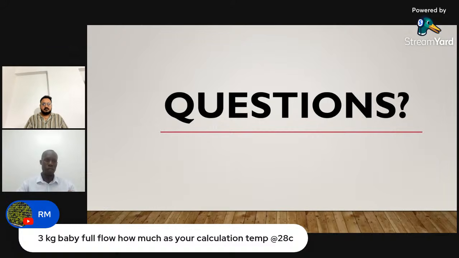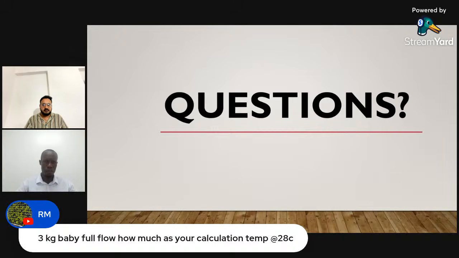So what is the flow according to 28 degrees temperature for a 3 kg baby? What should be the flows?